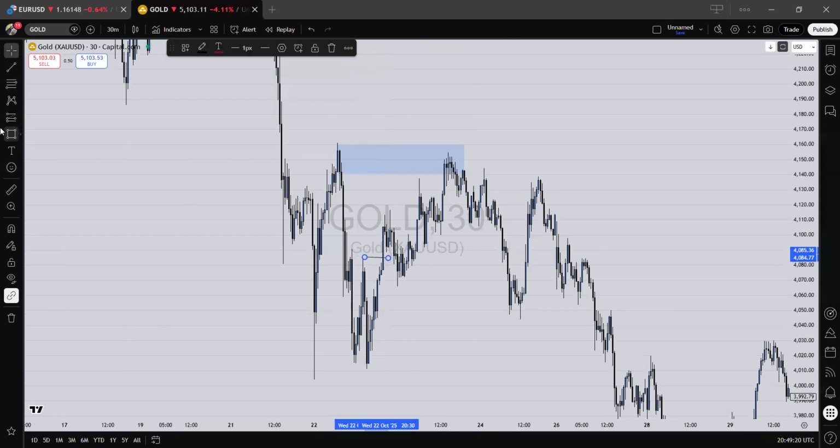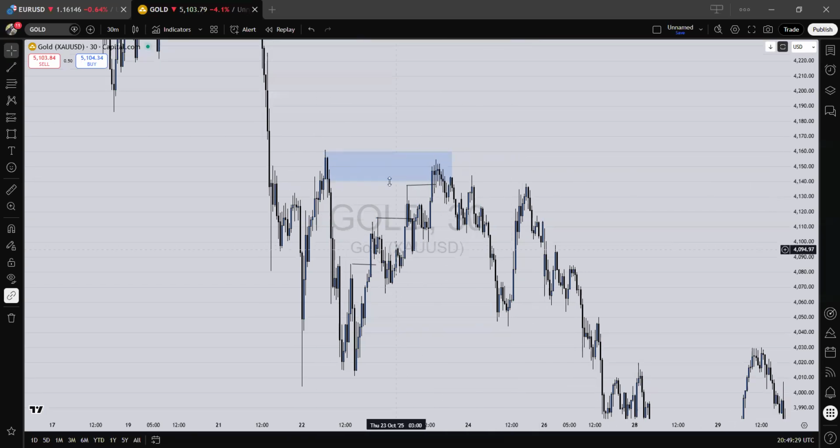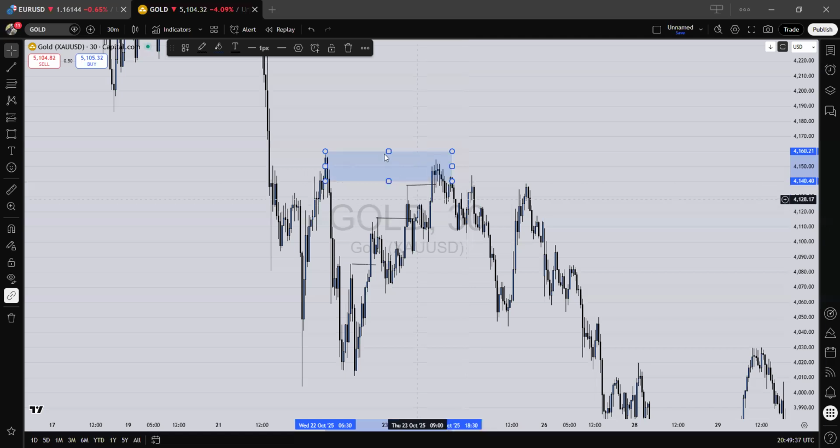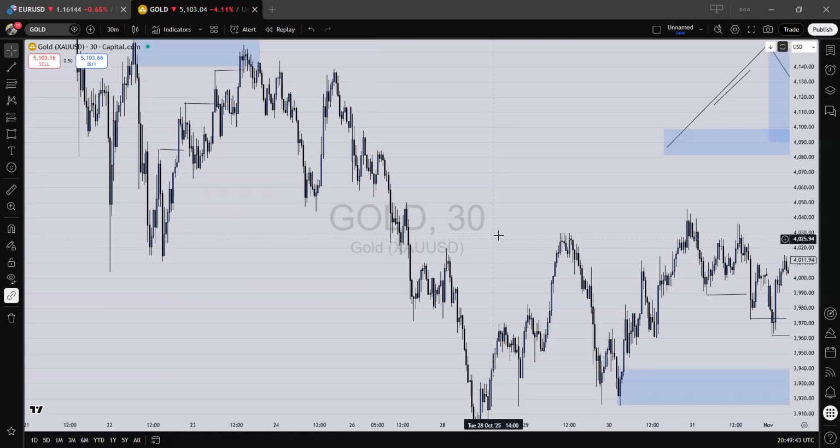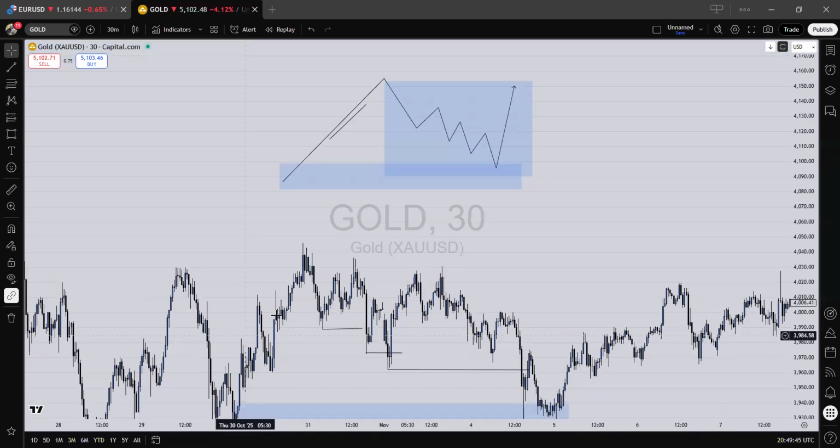So we have one, two, and then the third one before the POI. Notice that inducement is absent and price wants to use this POI. That is why it's engineer liquidity. If it did not want to, price would have easily taken it out without going through the trouble of engineering liquidity.